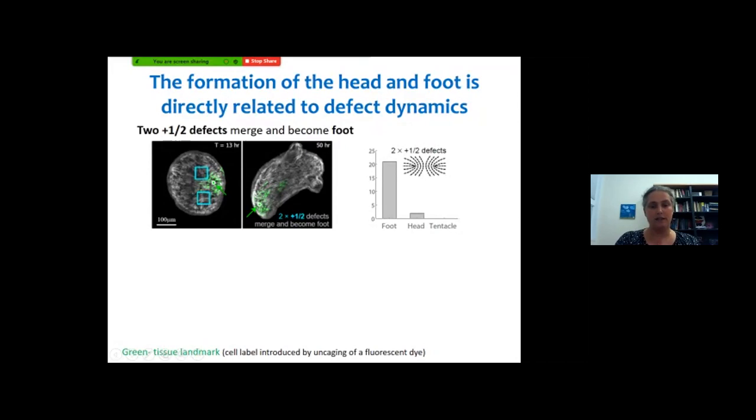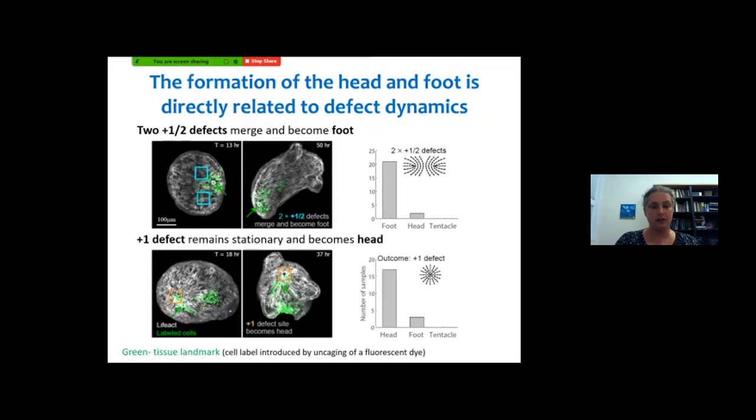When we find +1 defects early on in the regeneration, these defects remain extremely stable relative to the underlying cells. You see here again labeled cells, and the +1 defect is not moving relative to the labeled cells, and these sites will predominantly become the head of the animal. So this +1 defect becomes the tip of the mouth in the regenerated animal.